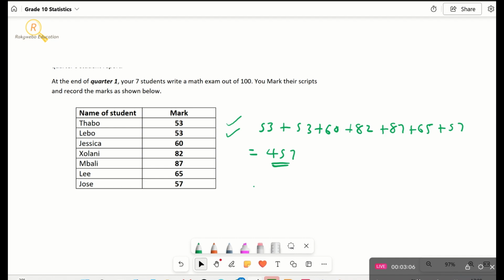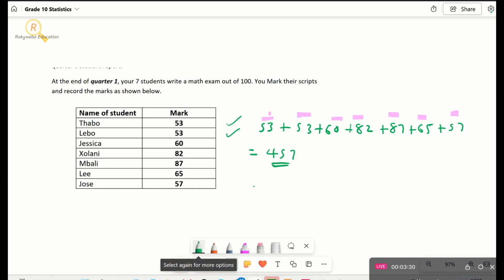Out of how much? Can someone tell me out of how much did they get that mark of 457? 700, yeah, because obviously each learner wrote out of 100, so it's out of 700.